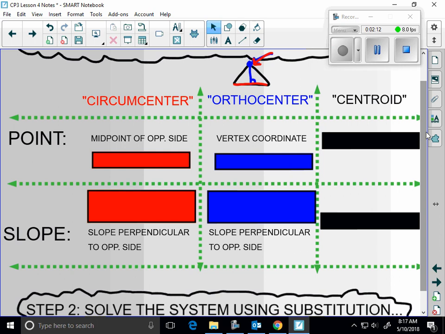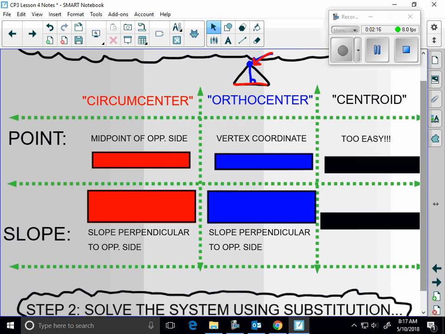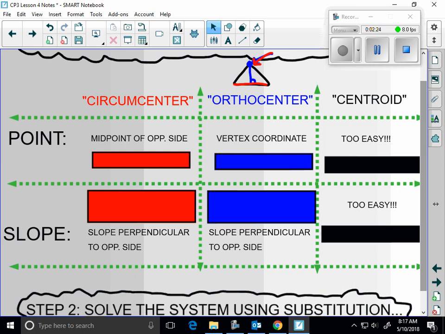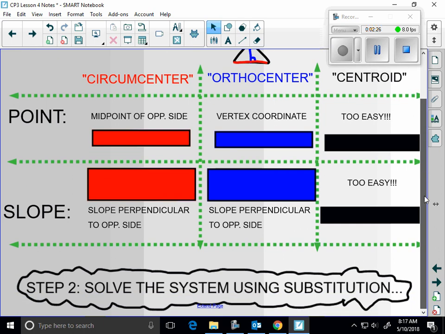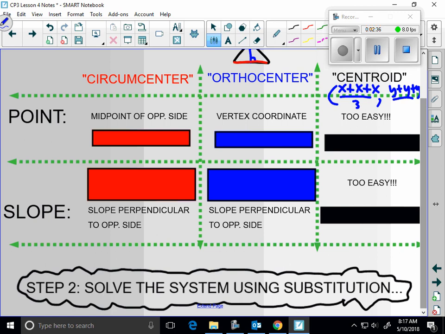All right, the centroid, this is a nice one. It's too easy. Why is it too easy? Well, not because it's given, but because if we have 3 points, we use this formula. Do you remember this formula? y plus y over 3.